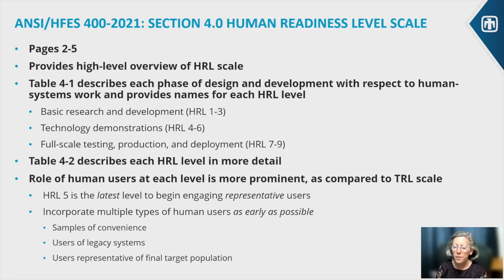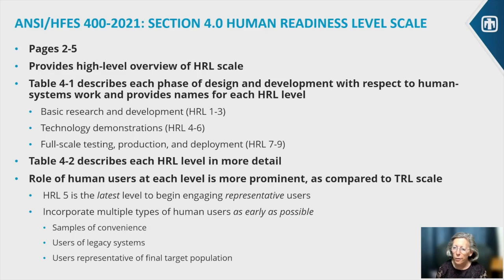Now, one of the things that we emphasize after we go through the HRL scale is the role of human users at each level, because it's not really a consideration in the TRL scale. It's much, much more important for the HRL scale. The reason I'm going through this in detail is that it caused a lot of confusion during the development of the standard.